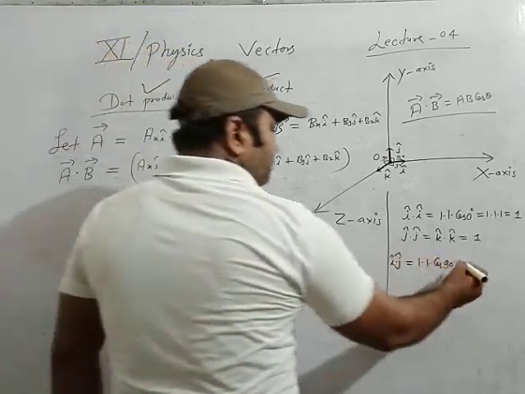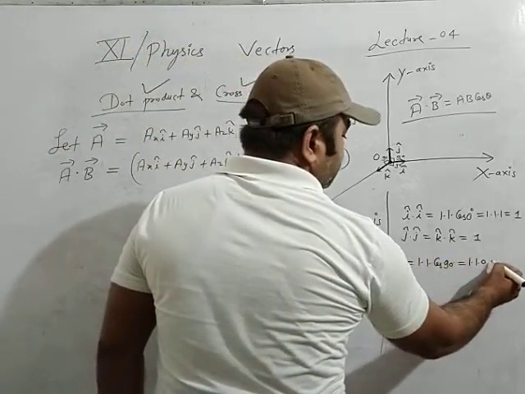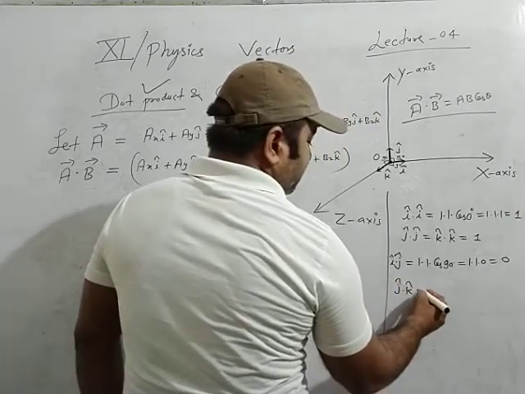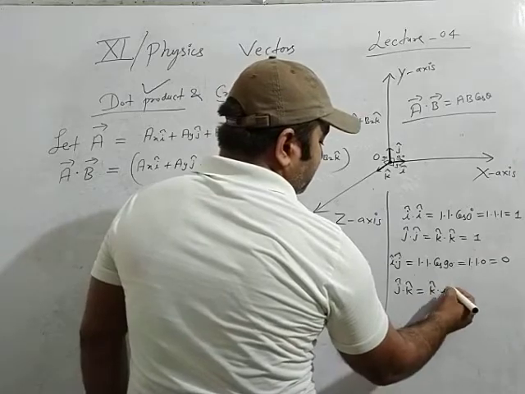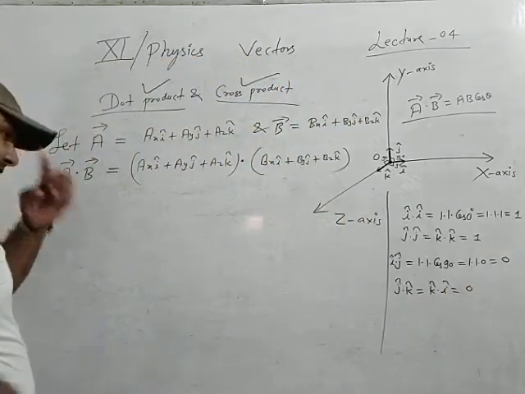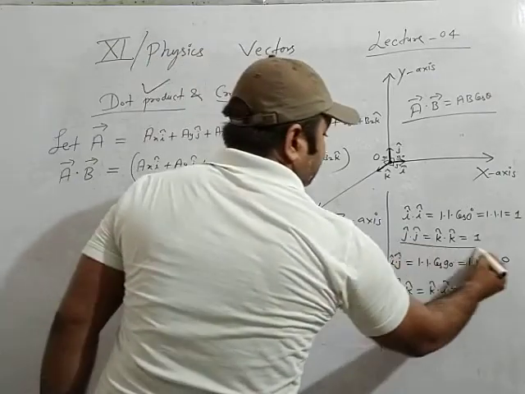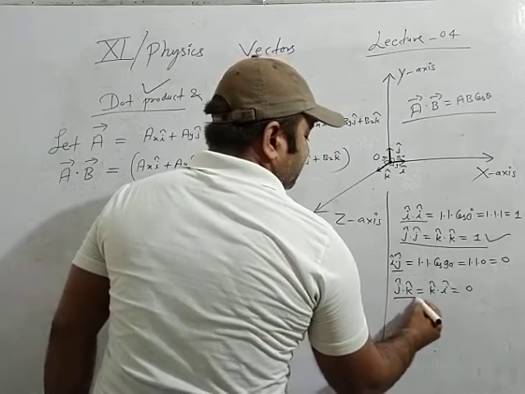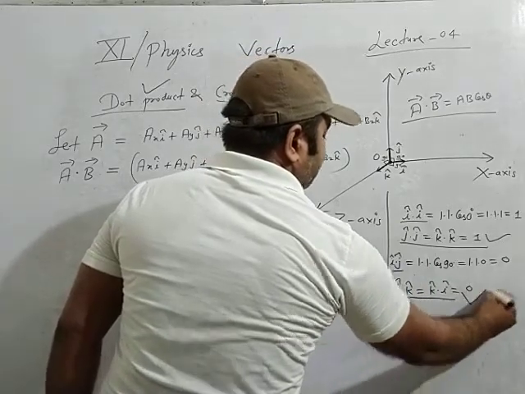So cos 90 is 0, and 1 into 0 is equal to 0. Similarly, j dot k and k dot i are 0. So i dot i, j dot j, k dot k become 1, and i dot j, j dot k, k dot i become 0.